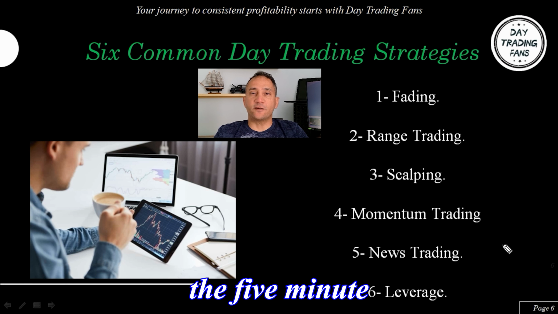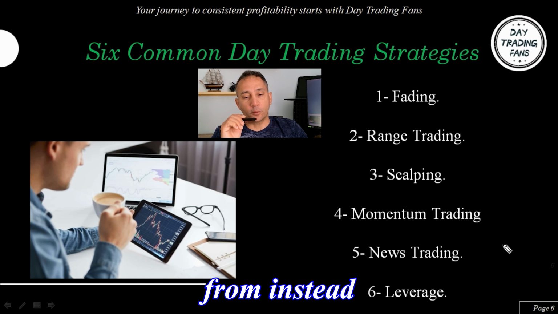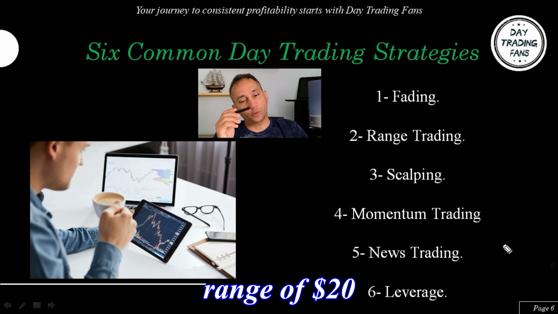So let's just say the 5-minute trading, instead of that range of $20, you buy here, and you use a risk-reward ratio, so let's say if you risk $1, you make $3. You don't wait for the whole $20, because the $20 might take longer, might take all day, might take 6 hours, might take 3 hours.